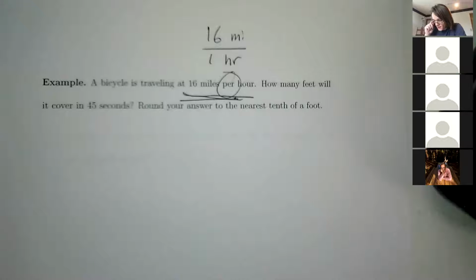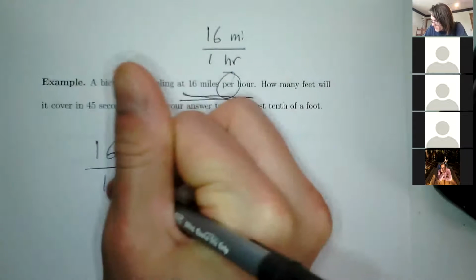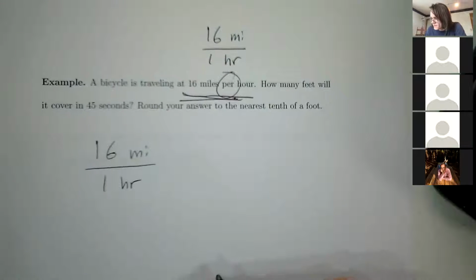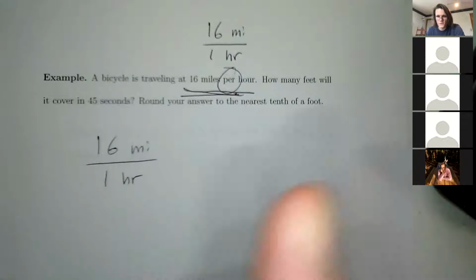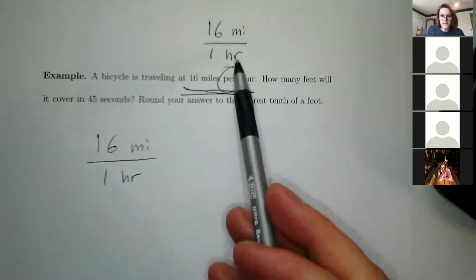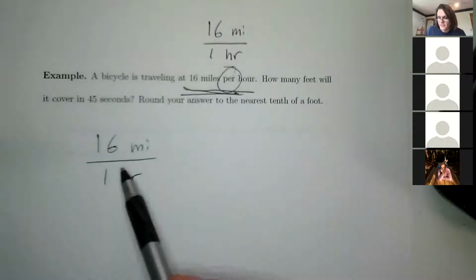So I know that he's going 16 miles per 1 hour, and I want to know how many feet he'll cover in 45 seconds. I have two things happening here. I have seconds, but my rate is in hours, and I want feet, but my rate is in miles.